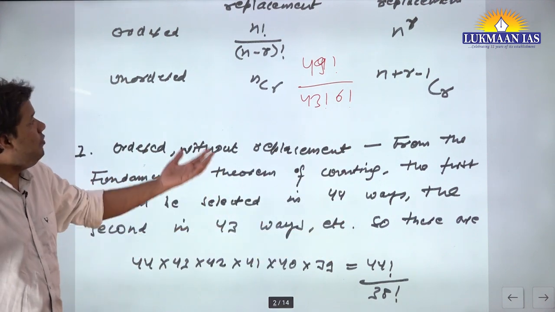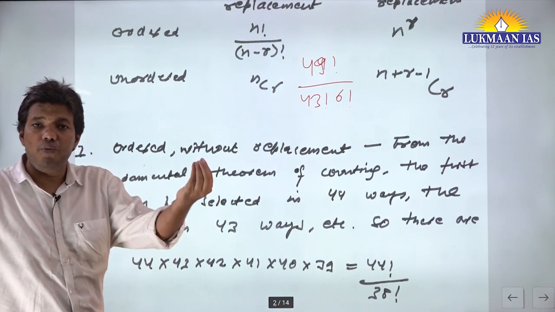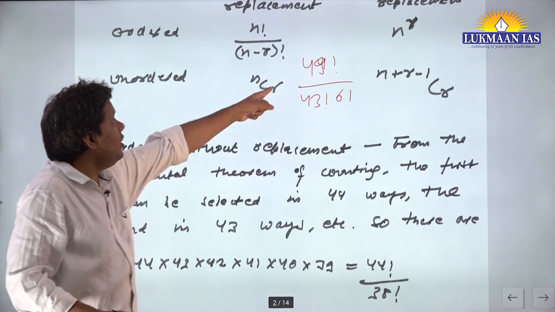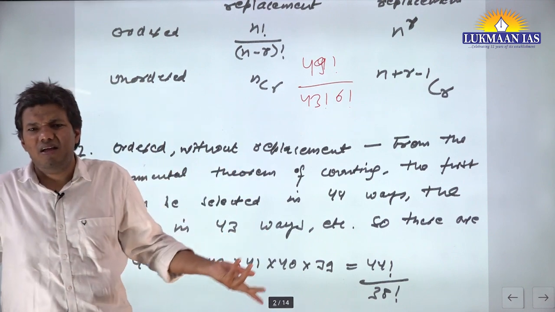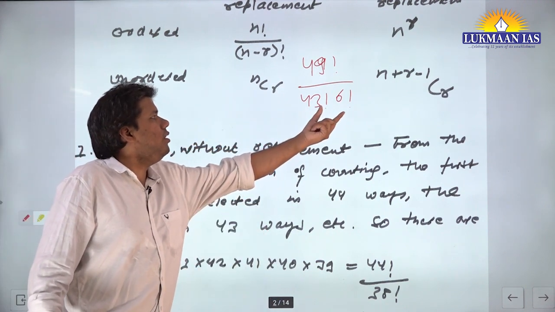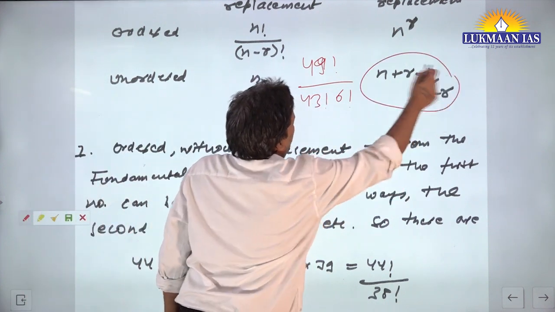You were left with 43 walls. You had 6 markers. So you were looking for the arrangement of 43 identical walls and 6 identical markers. Their arrangement will be 49 factorial, and then you will divide it by the numbers which are repeating. Okay, and walls are 43 and 6 are markers. So that is it, and you can see this is nothing but equal to the same.